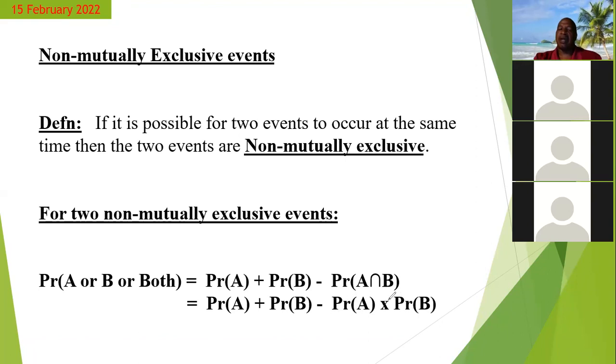We're just multiplying the two probabilities and subtracting the product from the sum of the two probabilities.